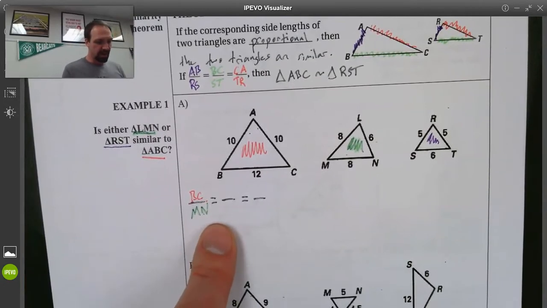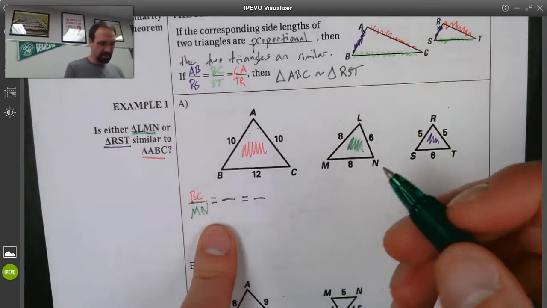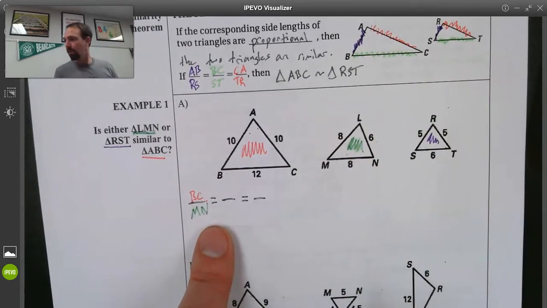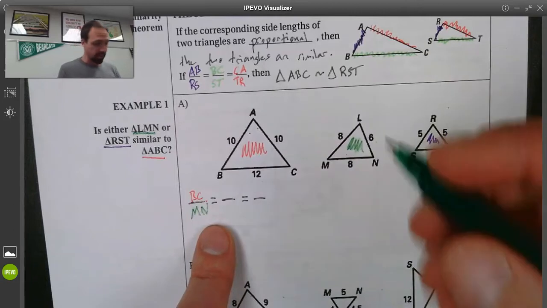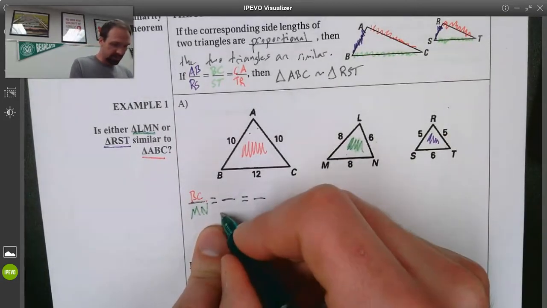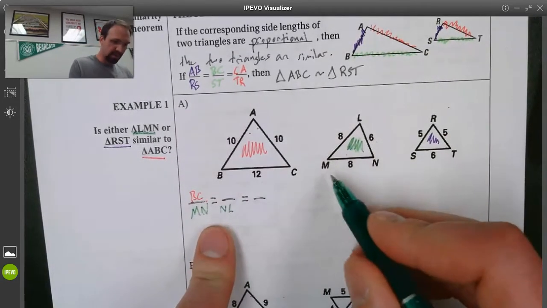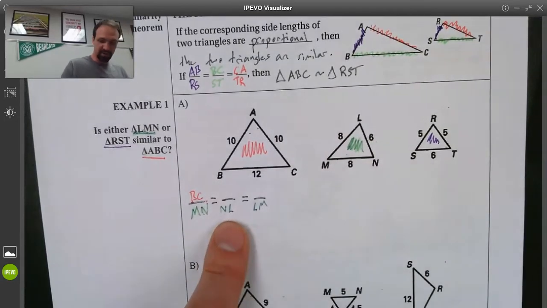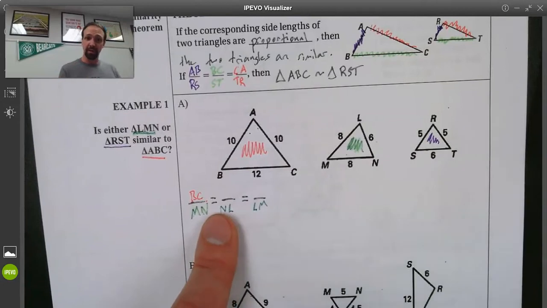Okay, and then let's do NL. I'm going rogue, going different than what the teacher copy of the notes has. I don't think I like the way that that's in there. And then LM, so I just need to be consistent with my other triangle here as well.